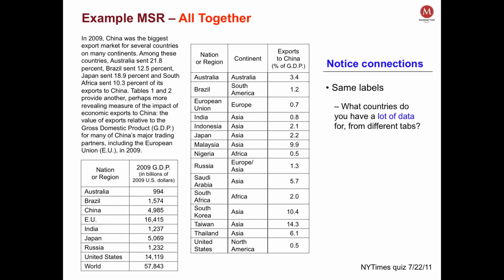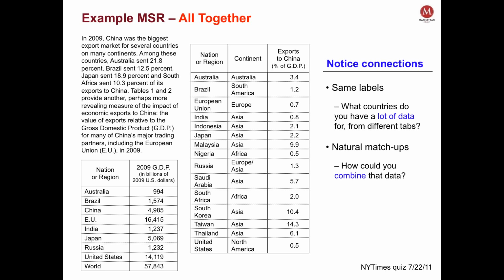Some countries show up in every single table. You also want to think, how could you combine that data? Anyone looking at this, if I have exports to China as a percentage of GDP versus GDP, what could I figure out? Just quickly noticing it. All right, type it in quickly. Yeah, some of you are on it.